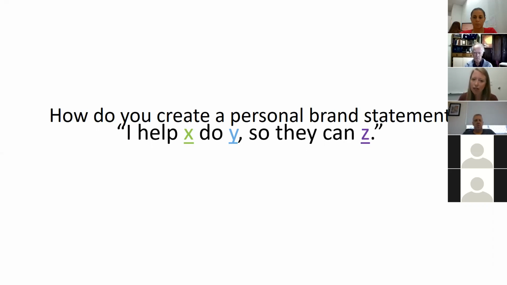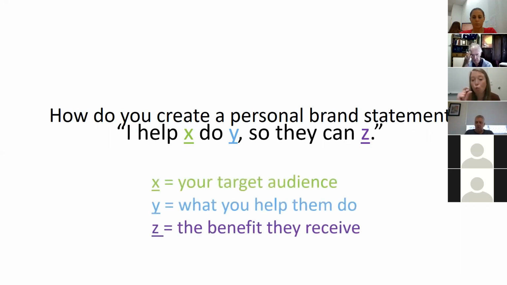But the whole idea is that you, as an IPC, have a brand statement. You're trying to represent yourself in a particular way. And if you want to think through a simple brand statement, you can simply think about what you're trying to help people accomplish. So you help X, some kind of person, do Y so that they can get Z, or so that they can do Z.